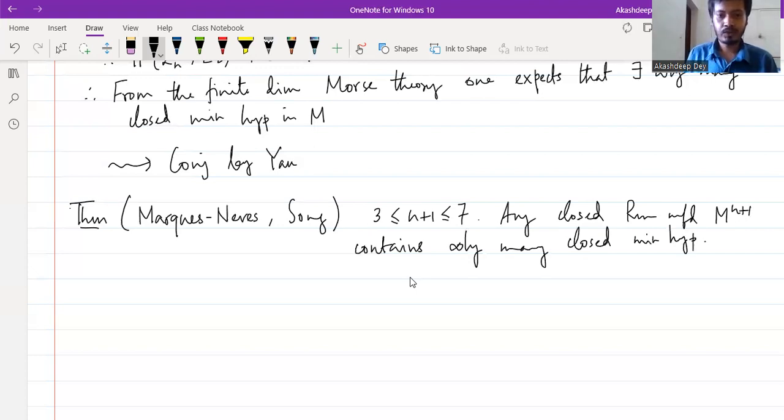So in lower dimensions, when the ambient dimension is between 3 and 7, any closed Riemannian manifold contains infinitely many closed minimal hypersurfaces. And for generic metrics, we have stronger results.